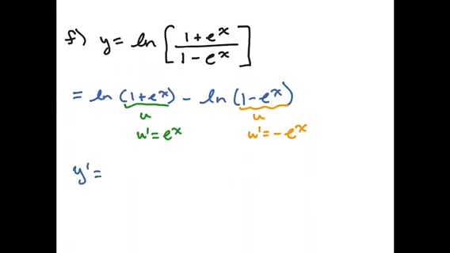So, the derivative of my whole function, looking at the first term, we have natural log of u. I get 1 over u, which is 1 over 1 plus e to the x, times u prime, which is e to the x.